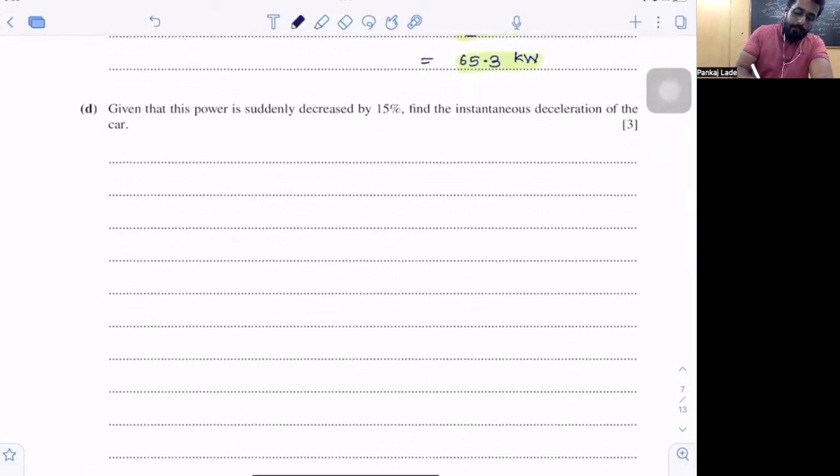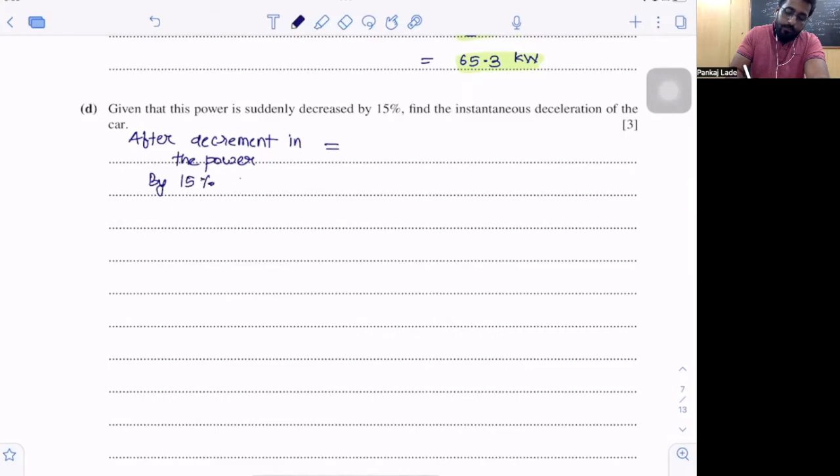So I can write here, after decrement in the power by 15%, new power is how much?